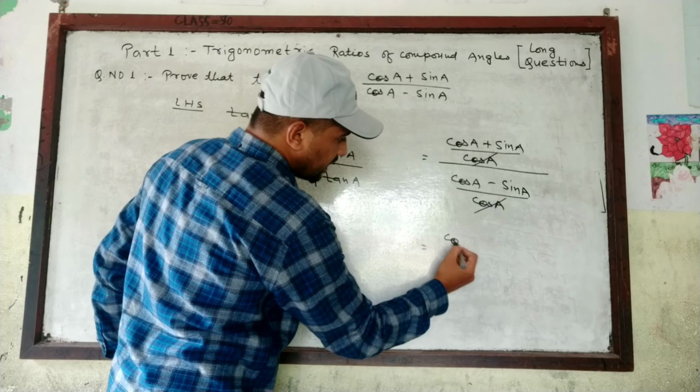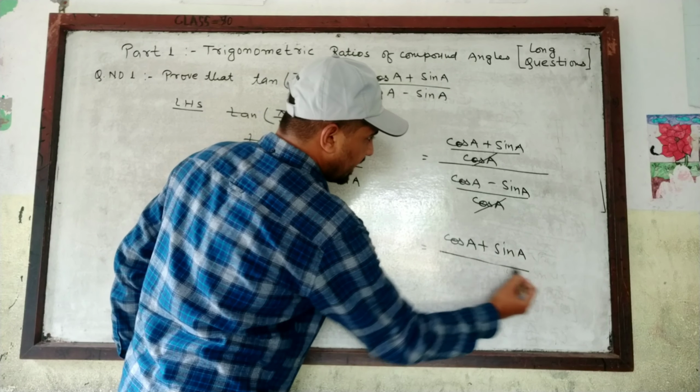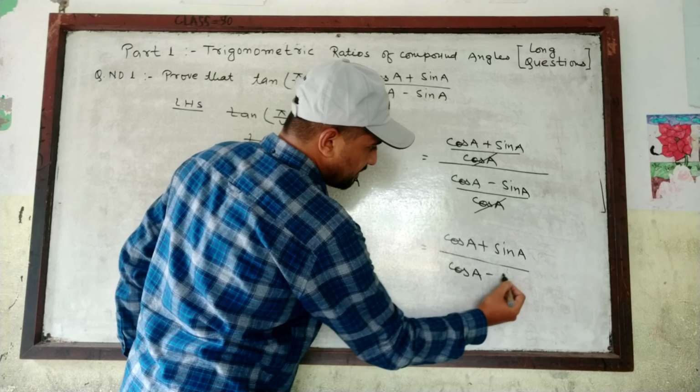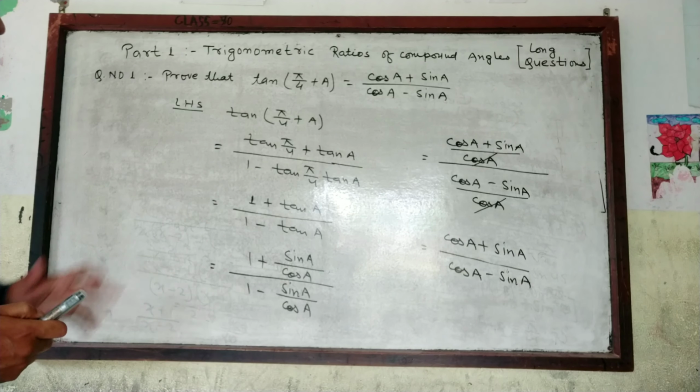So what is remaining here? (cos A + sin A) by (cos A - sin A). Hope you understand this problem.